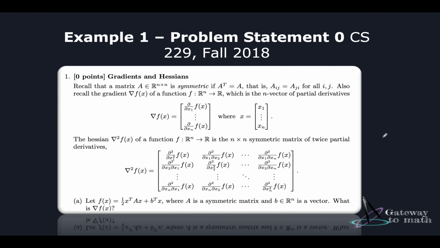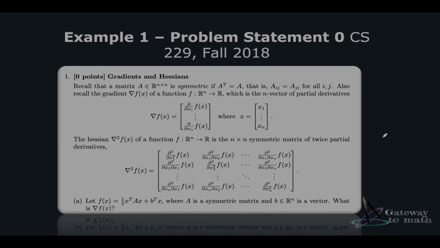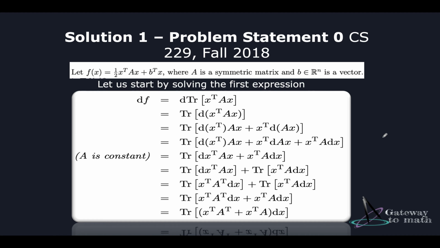And then we will also solve problem statement 0 from the CS 229 Stanford class by Andrew. This is from the fall 2018 class, but I think 2019 and 2020 pretty much have the same syllabus. So we will be discussing those questions as well in the next session.